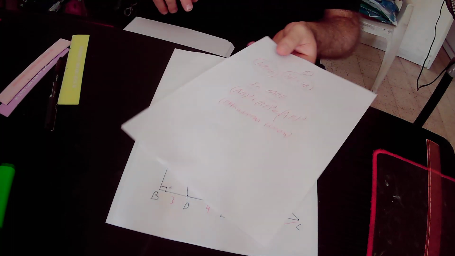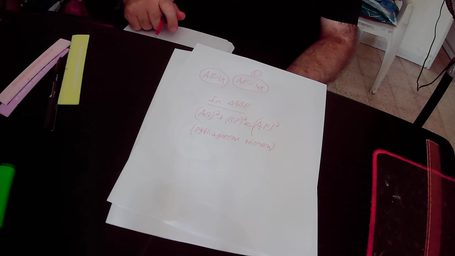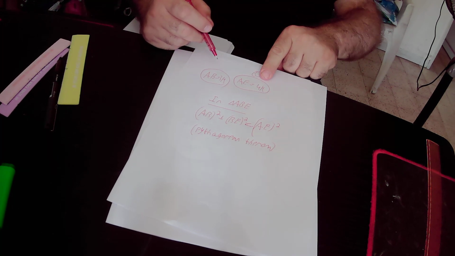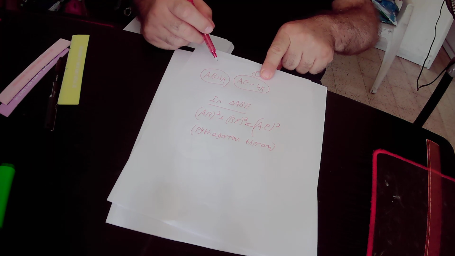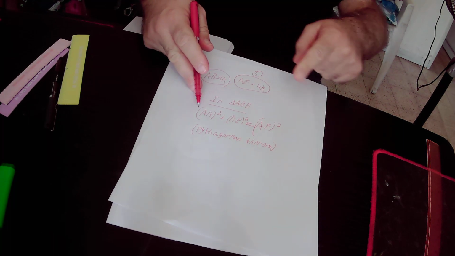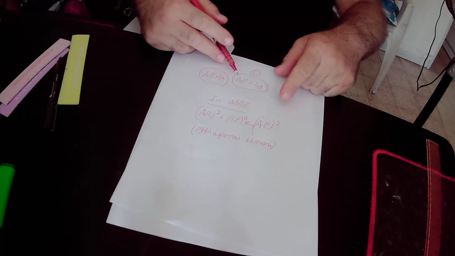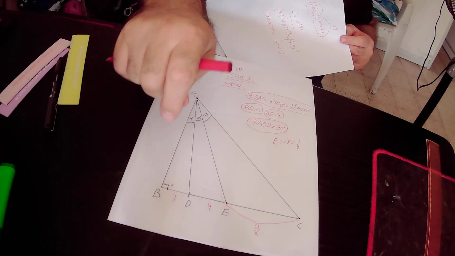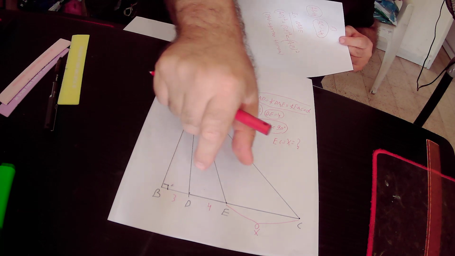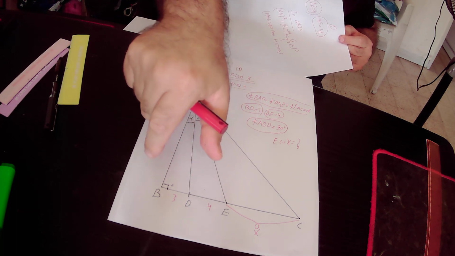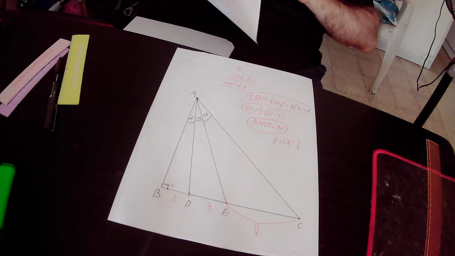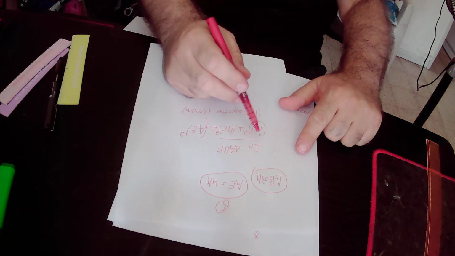And what is the value of AB? AB equals 3K, and the value of AE equals 4K. Okay, so we will substitute AB by 3K in this equality, and we will substitute AE by 4K. And what is the value of BE? BE equals BD plus DE, that is to say BE equals 3 plus 4, that is to say 7.